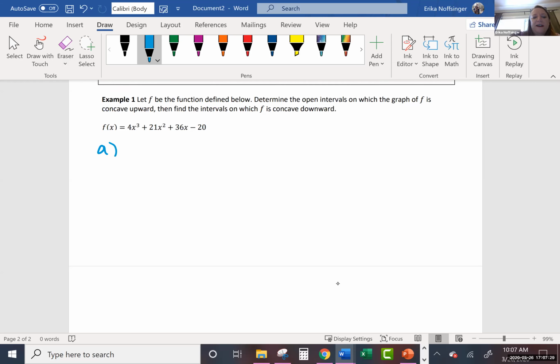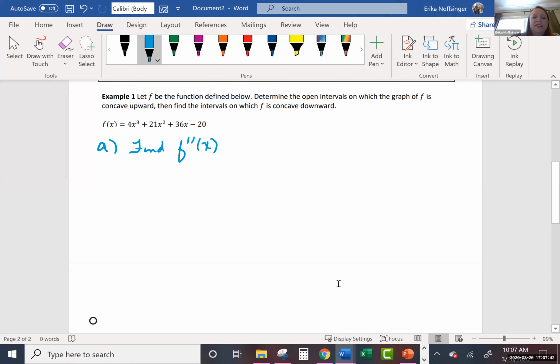Okay, so let's find the second derivative of f of x. And so the first thing that we're going to do is we know to first find the first derivative.